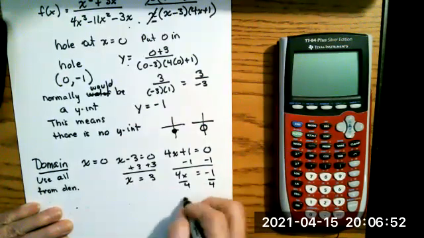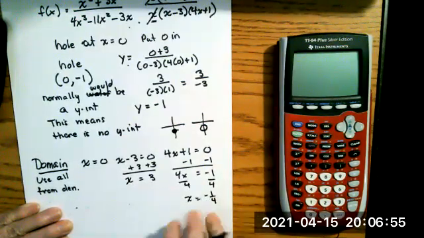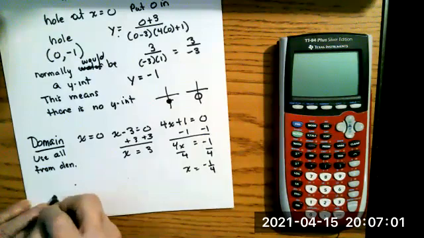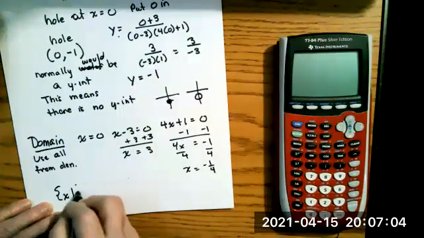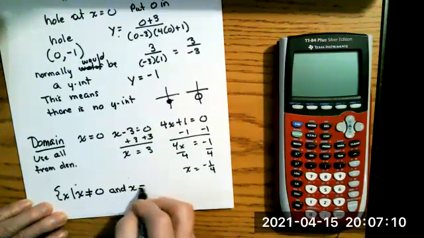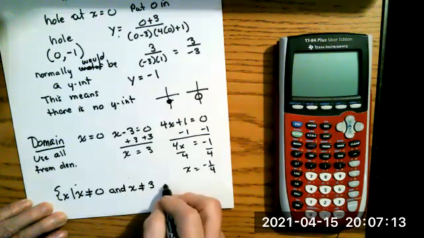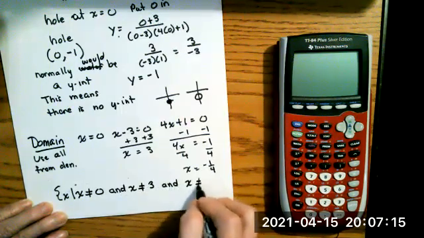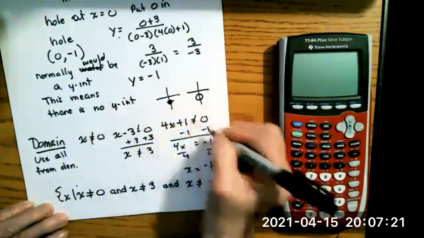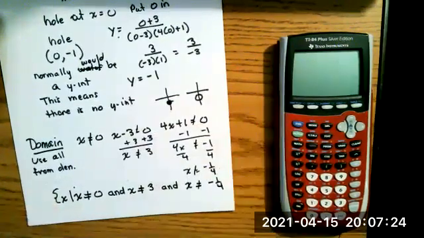Looks like we have 1 at -1/4. And they have this in set notation. It says x such that x cannot equal 0 and x cannot equal 3 and x cannot equal -1/4. So we could have done not equals like we normally do on these to start with. So we did domain and we found the hole.